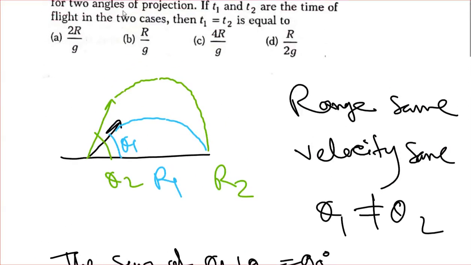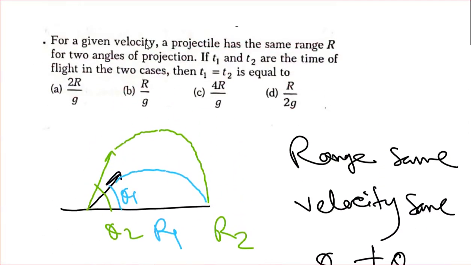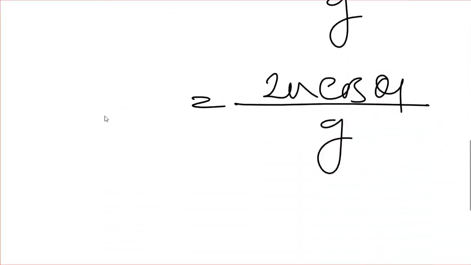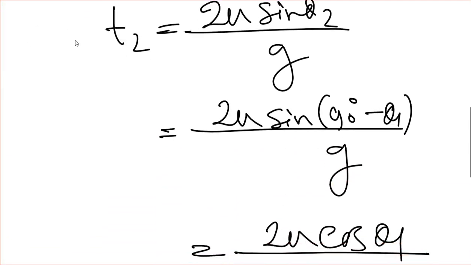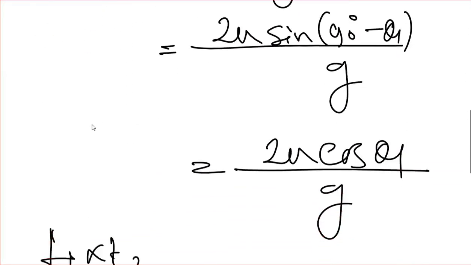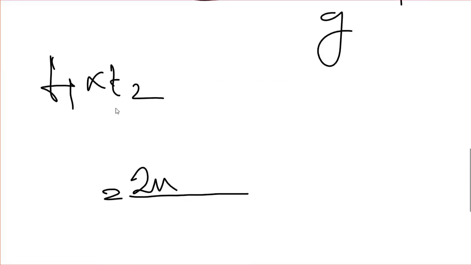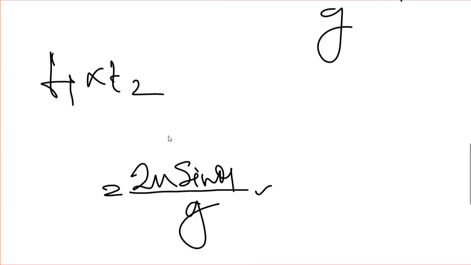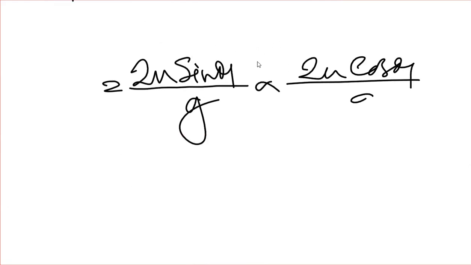So what has been asked is the relation of t1 t2 with R. If we multiply the values of t1 and t2, t1 into t2 will be 2u sin theta 1 divided by g into 2u cos theta 1 divided by g.